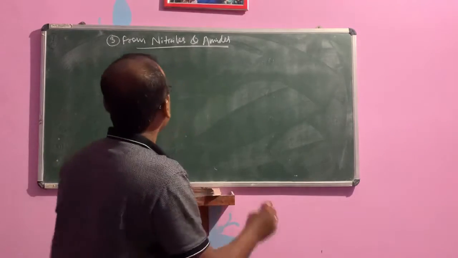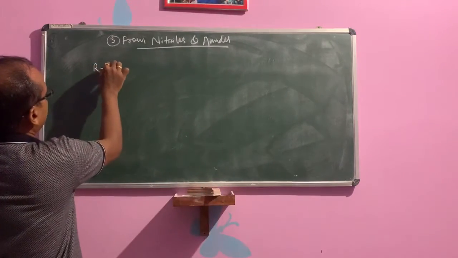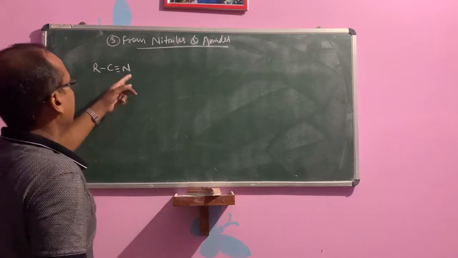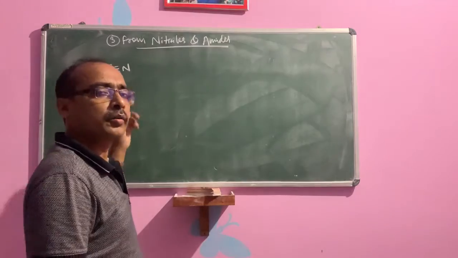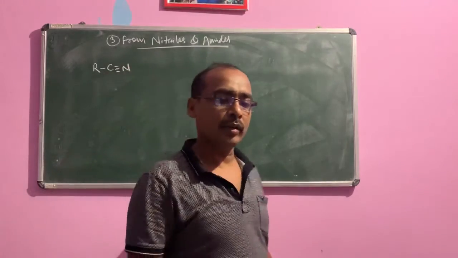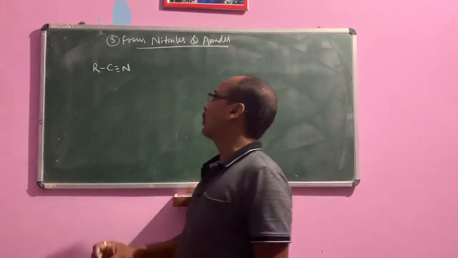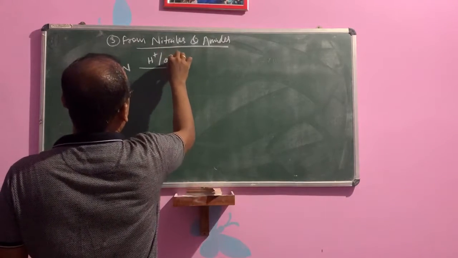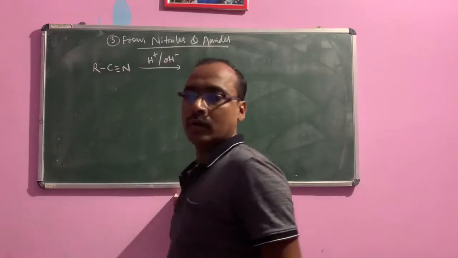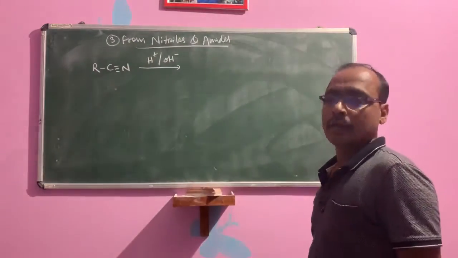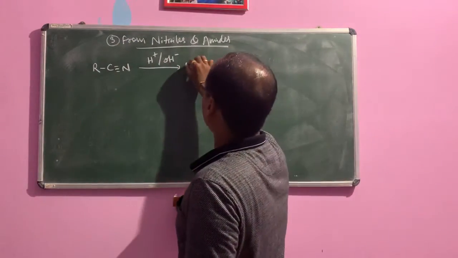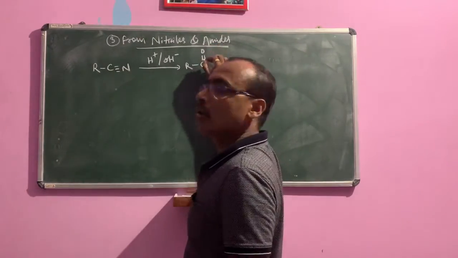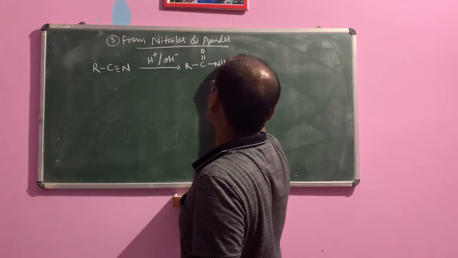So nitrile, if you take RC≡N, that is your alkyl nitrile, in the presence of acid or base, H+ or OH-, followed by hydrolysis, that is H3O+, forms RC=O NH2.